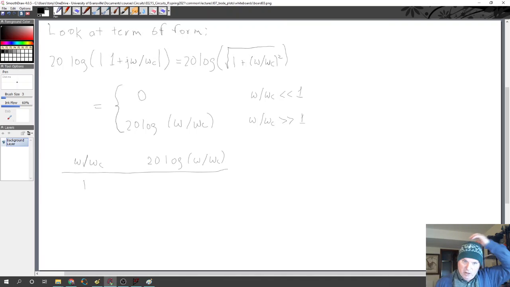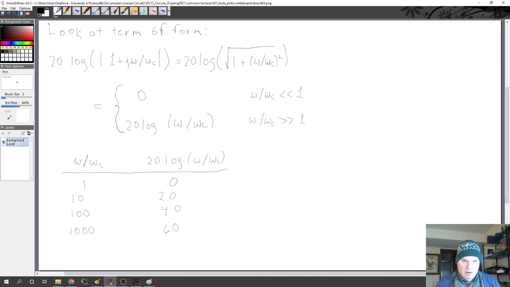I know that the approximation is only valid when omega is much greater than omega c, but I'll take this as an extreme case. When the ratio is 1, I have 20 log of 1, which is 0 dB. When it's 10, I get 20 log of 10, or 20 dB. When it's 100, I get 40 dB, and when it's 1,000, I get 60 dB.